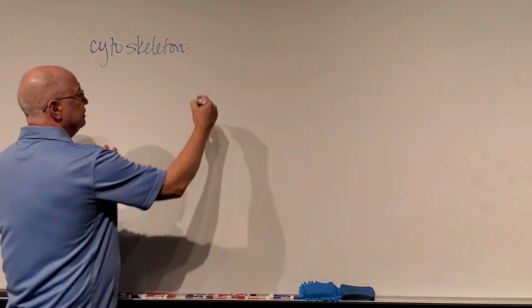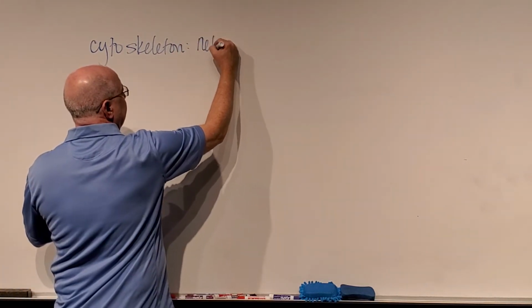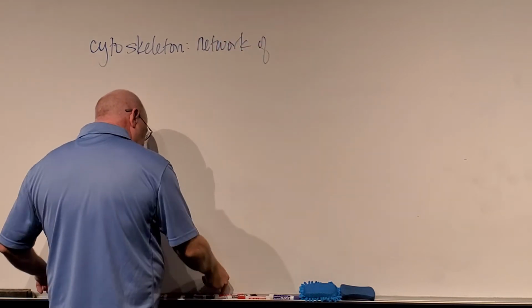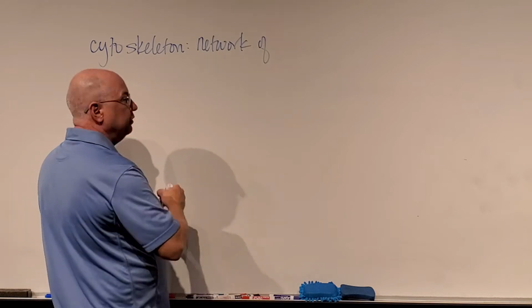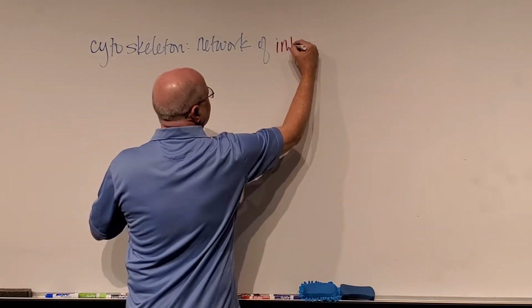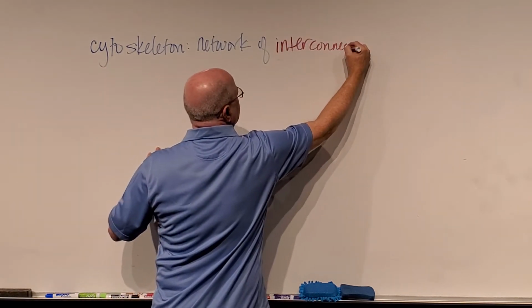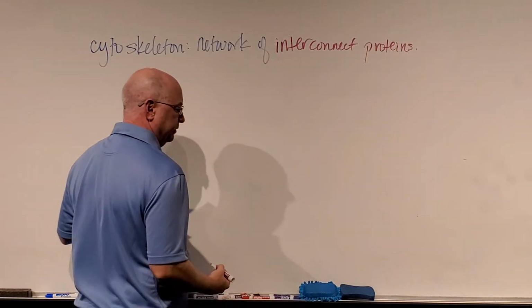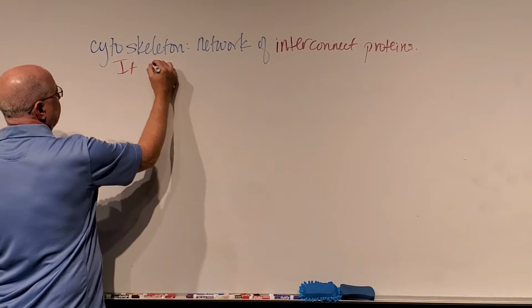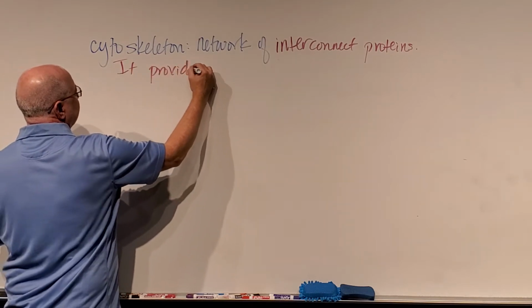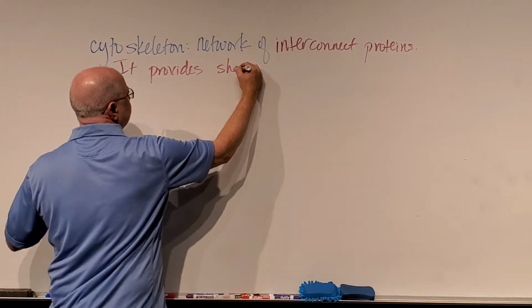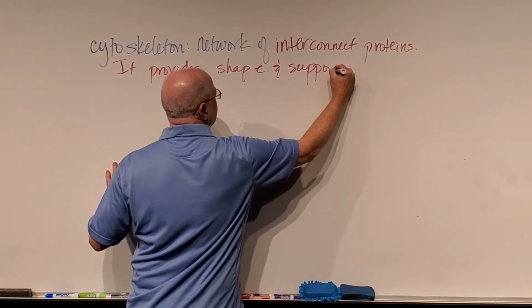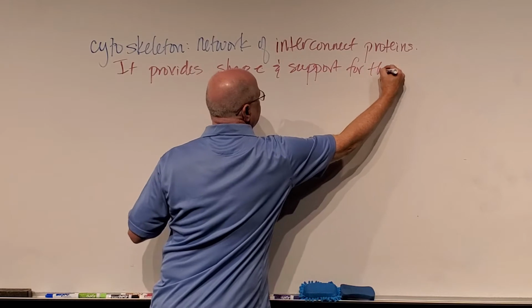But the cytoskeleton is a network of interconnected proteins. It provides shape and support for the cell.